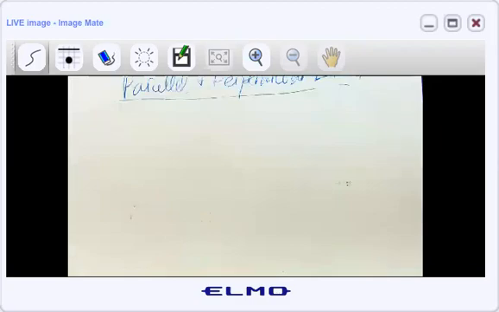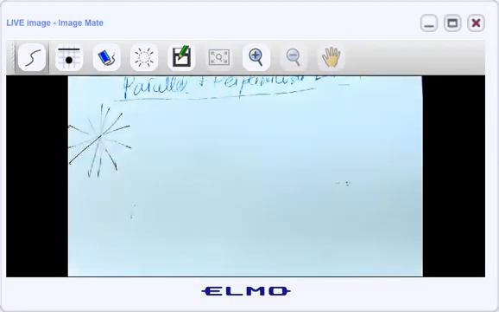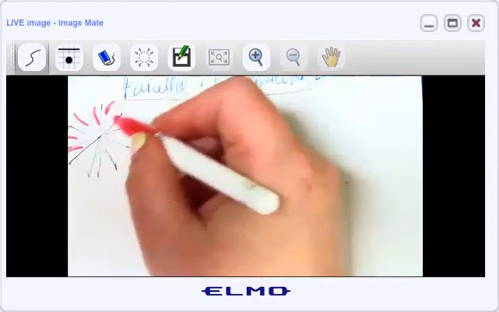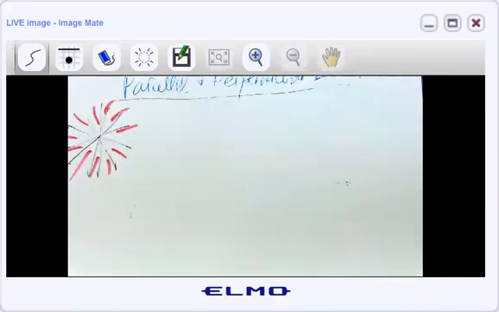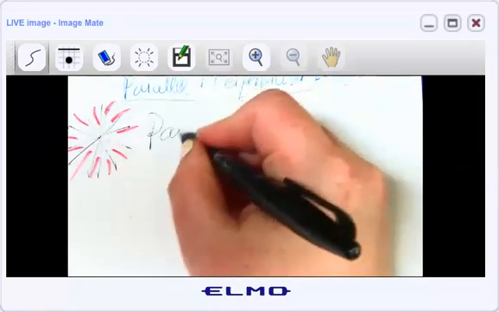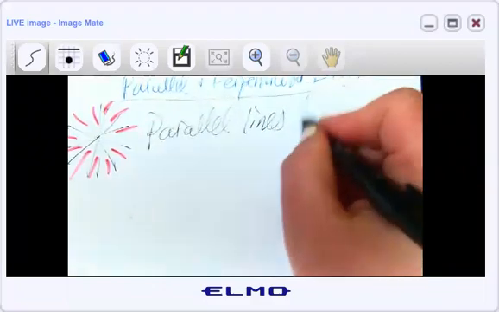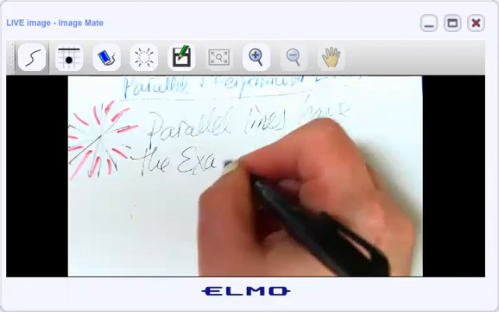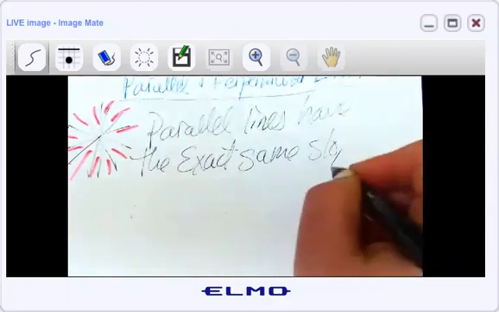So yes, that is our first really big important point. So important that we're going to make fireworks, not just a star. I'm going to add some flare. Okay, we're going to have two super important points today. Here's the first one. Parallel lines have the exact same slope.